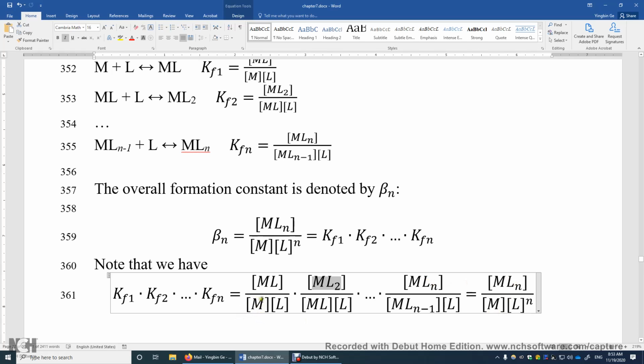Well, this is really a metal bonded to the solvent molecules times L to the power of n, because you have L here, L here. In each of these n expressions, there is one L on the bottom. So overall, it's L to the power of n. And this is the so-called overall formation constant. The shorthand notation is beta sub n.